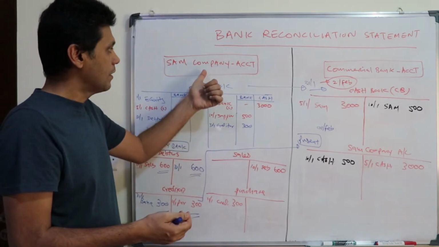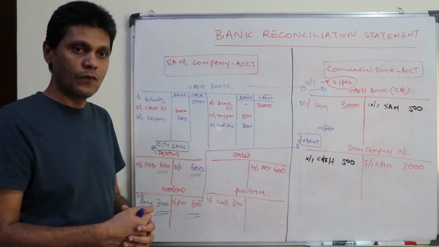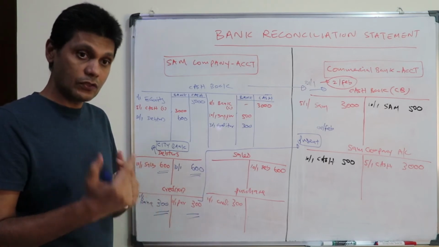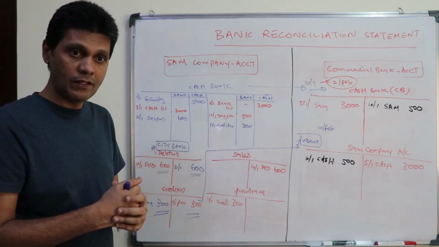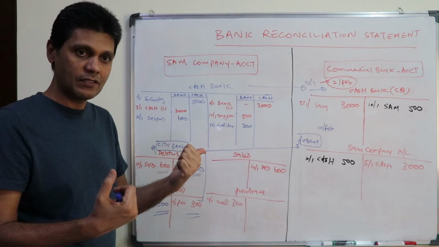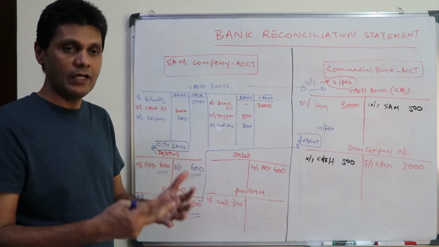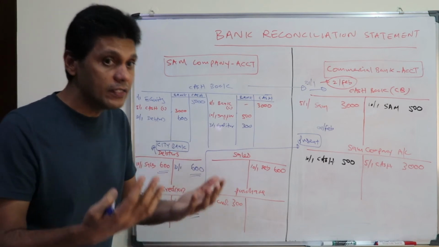So the accountant of SAM company, what he has to do? He has to compare, cross-check. He has to compare the bank statement with the cash book. That process we discuss in the first chapter of the story, which is the reconciliation. He has to do the reconciliation to identify the differences.